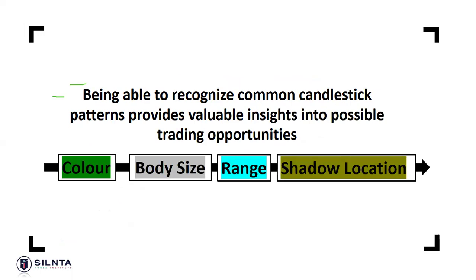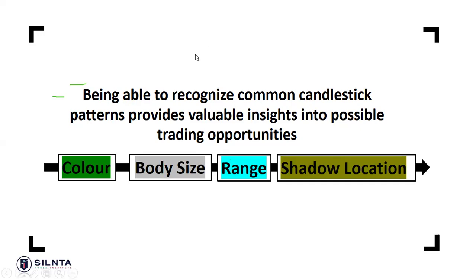Just to wrap it up, green indicates what? Bullish. Red indicates bearish. When the body is huge, it indicates what? Strength.